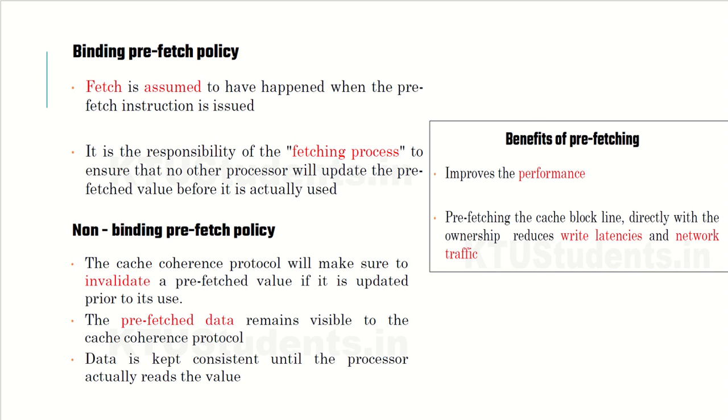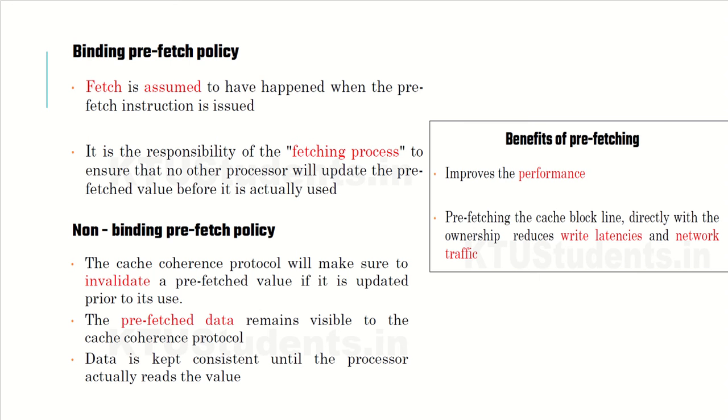If the data is being updated, you have to invalidate the copy of data that you have in the cache. So that is non-binding prefetching. It is not giving a guarantee that the data stays intact in the original memory address. There are chances that the data may be updated, so if the data gets updated, you will have to invalidate your content, and that is the policy available in the non-binding prefetch policy.